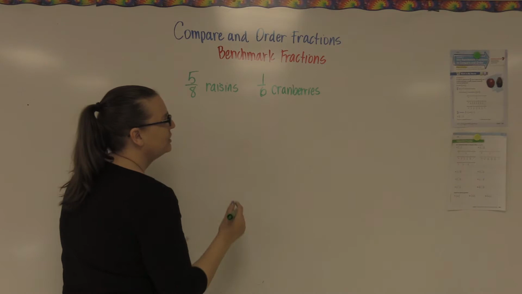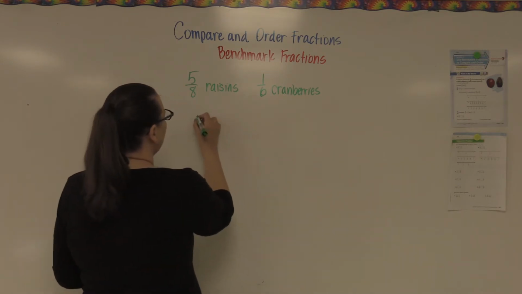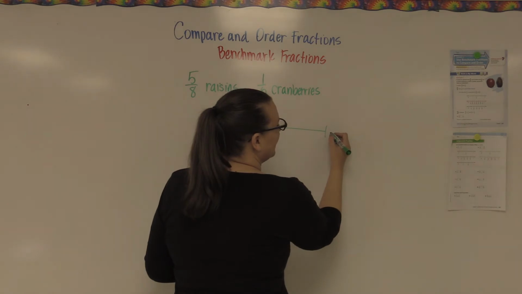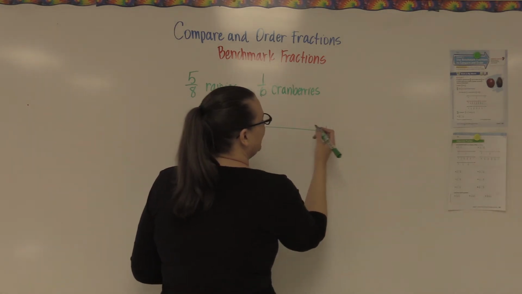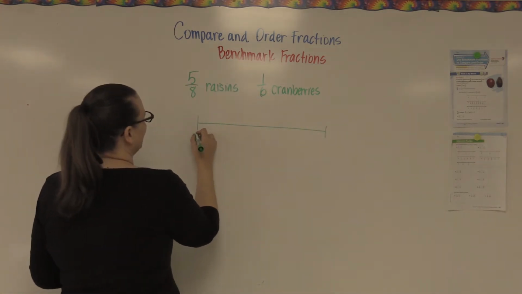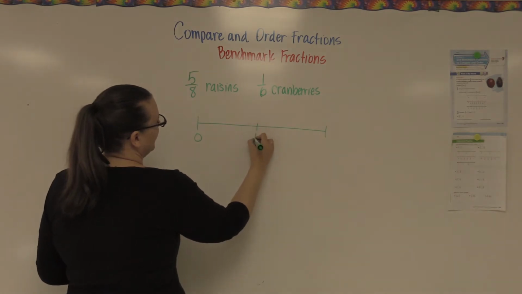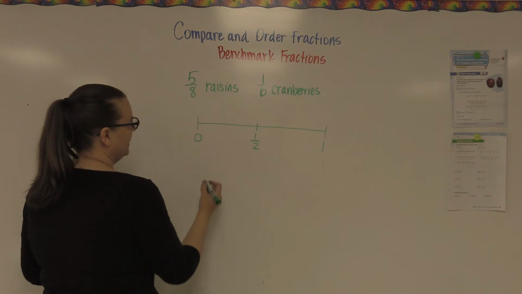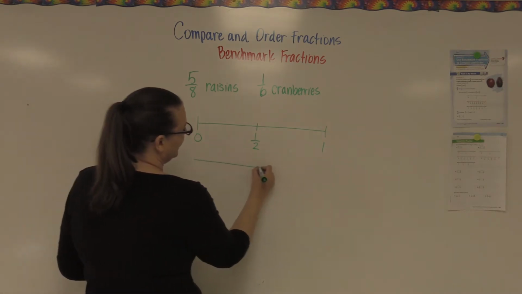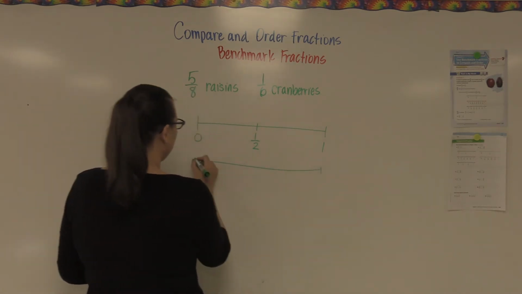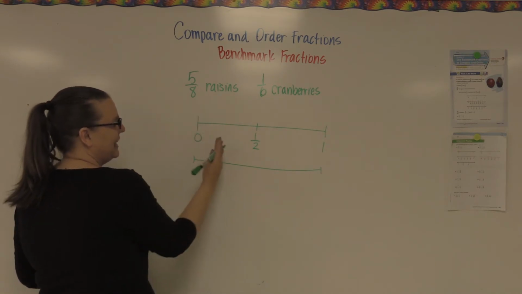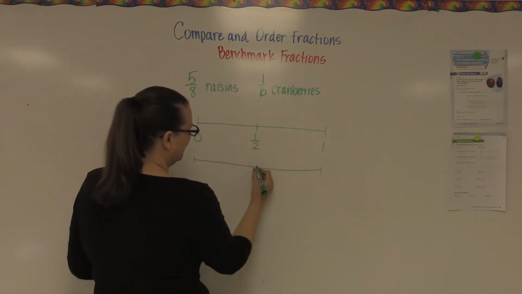What you can do is you can set up a number line, okay? So your number line is going to be the same size. So we're going to use 1/2 to help us. So we're going to start with 0. This is 1/2, and this is 1/2, okay? We're going to use that same line, the same length of line, and this time we're going to split it up into 8s, okay? That denominator tells us how many slots there should be on this number line.